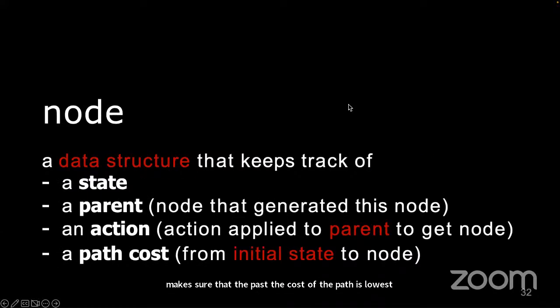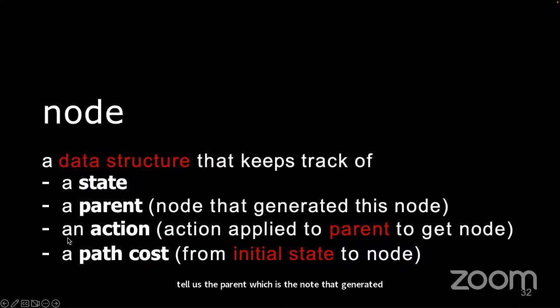Now, to solve this problem, we need a data structure which we call the node, which collectively represents several pieces of related information. To solve such a problem, the node needs to have 4 pieces of information. It represents a state of the problem. It also needs to tell us the parent, which is the node that generated this node.